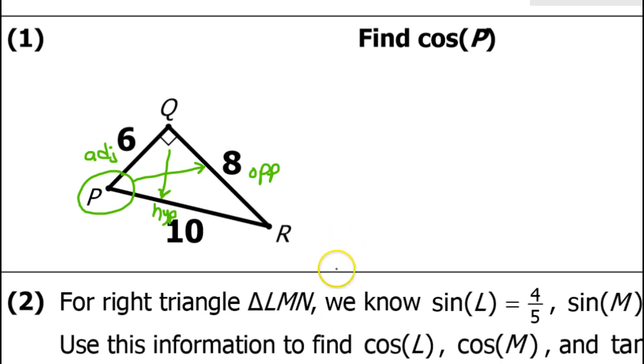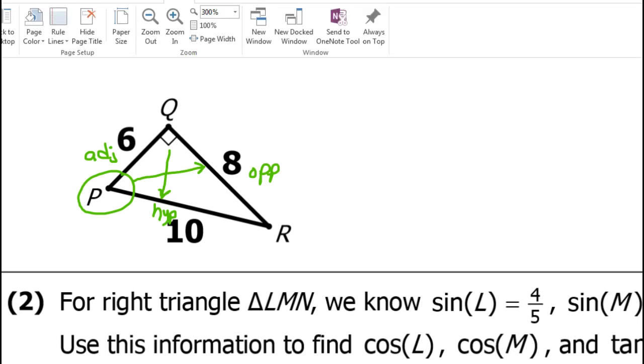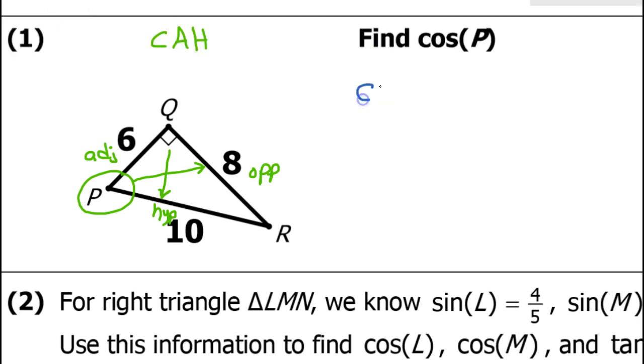Now, thanks to SOHCAHTOA, we know that cosine is the CAH part of SOHCAHTOA. Cosine is adjacent leg over hypotenuse. So when we set up to find the cosine of P, we're going to say the cosine of angle P, and then we will write the adjacent leg, which is 6, over the hypotenuse, which is 10.